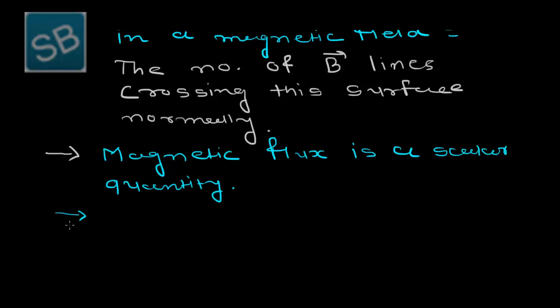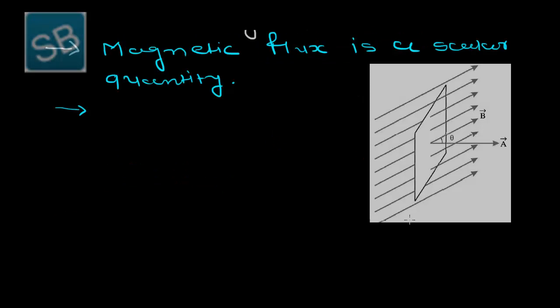Now, in order to analyze, you just have to see the figure. So this is the figure of magnetic flux through a plane. So this is the plane.